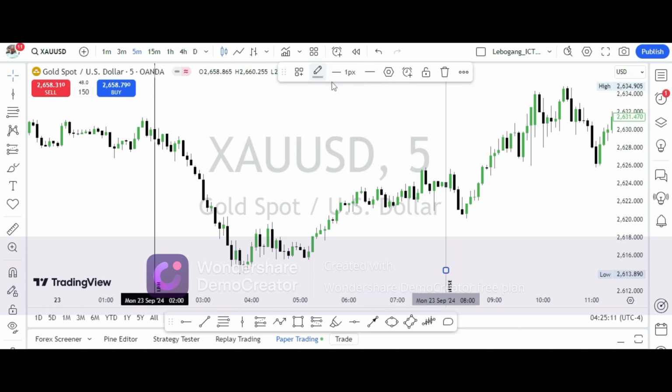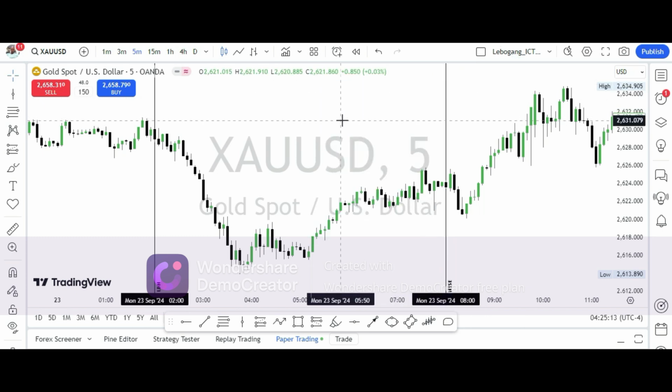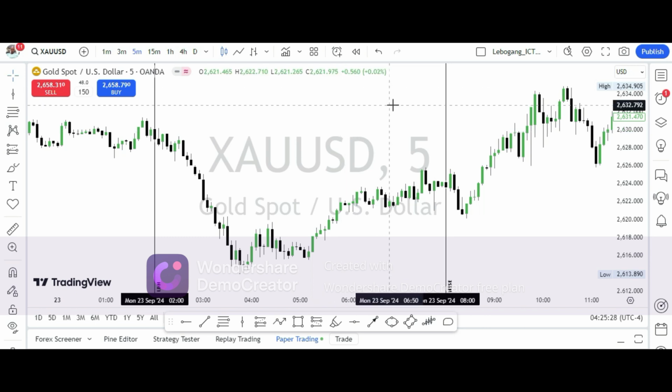So usually, if you are looking for a buy, or if your bias is leading towards the bullish momentum, you need to look at the previous session's highs and lows.